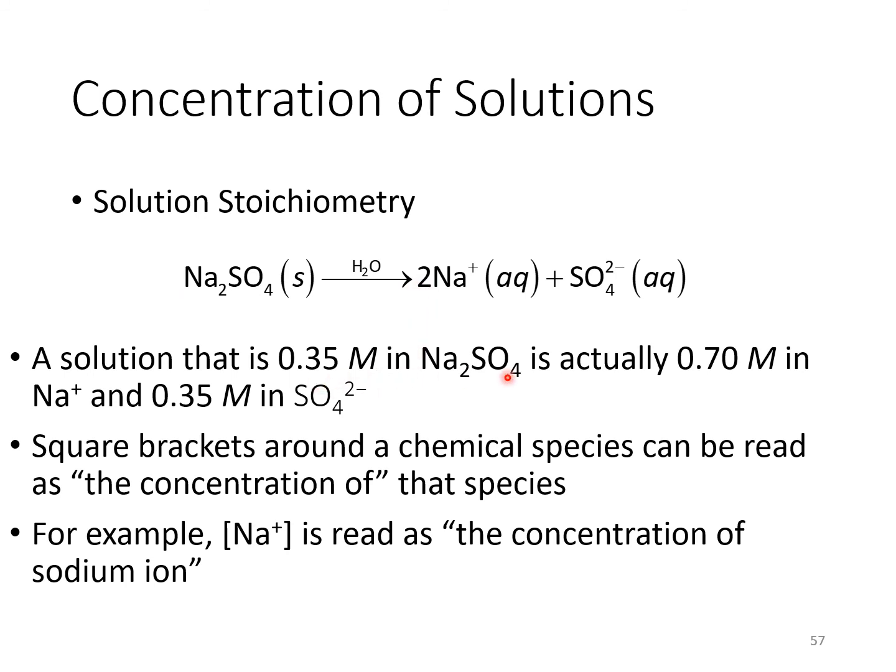So that's why we end up doubling the molarity associated with sodium. Anytime you see square brackets around a chemical species, that should be read as the concentration of whatever you're referring to. So for example, if you have Na+ in brackets, you would read that as the concentration of the sodium ion equals, and in this case, 0.70 molar.